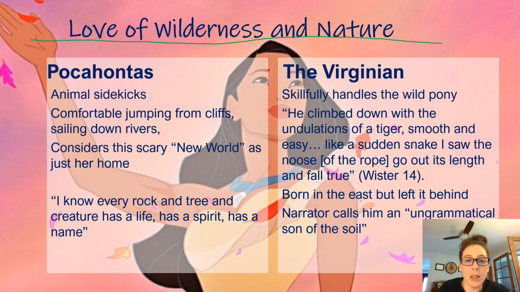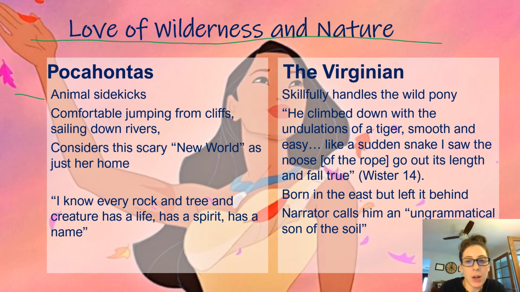So, both Pocahontas and the Virginian share a love of wilderness and nature, which is one of the traits of the romantic heroes. Pocahontas is usually surrounded by an animal sidekick. She has Flit, the little hummingbird, who's usually kind of cranky, and her raccoon friend, who usually gets into trouble.